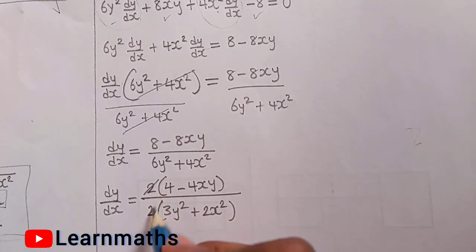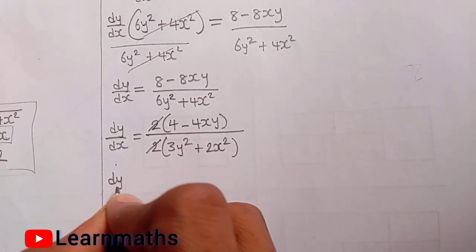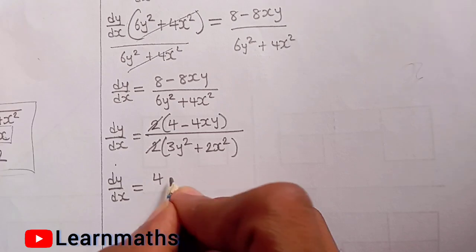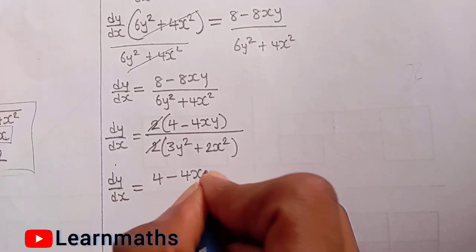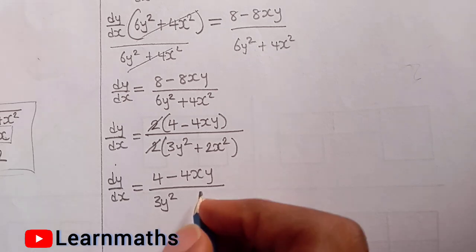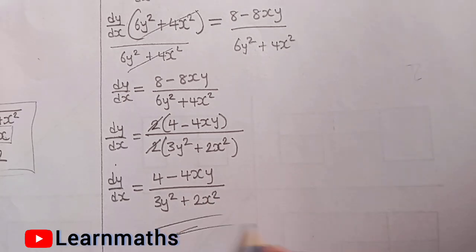Now this 2 cancels 2. And finally, we have dy/dx equal to 4 minus 4xy over 3y squared plus 2x squared, and that's the answer.